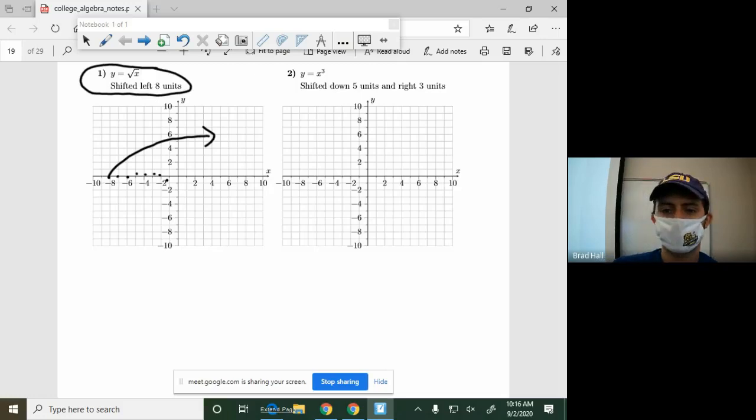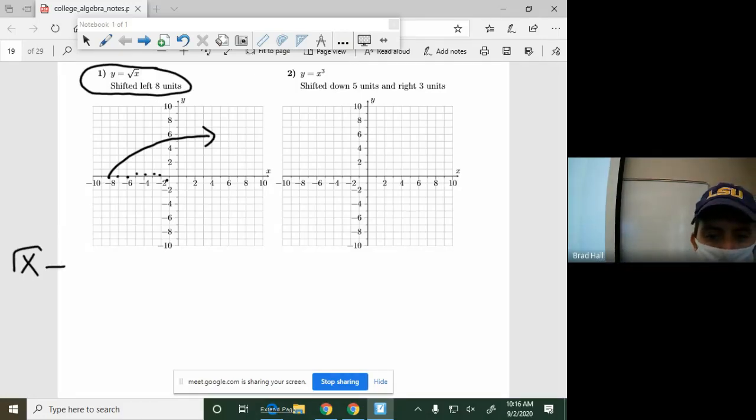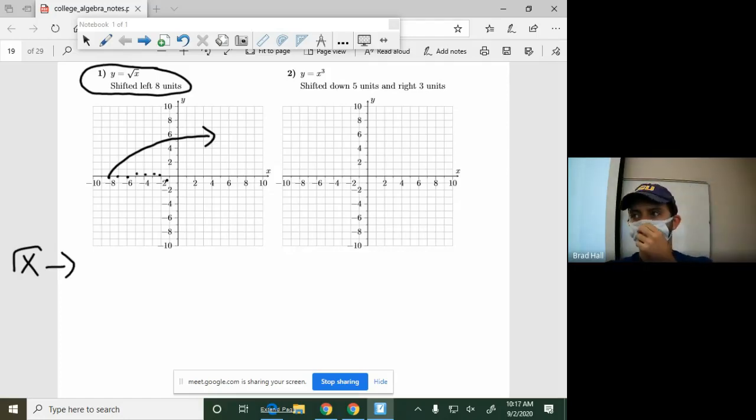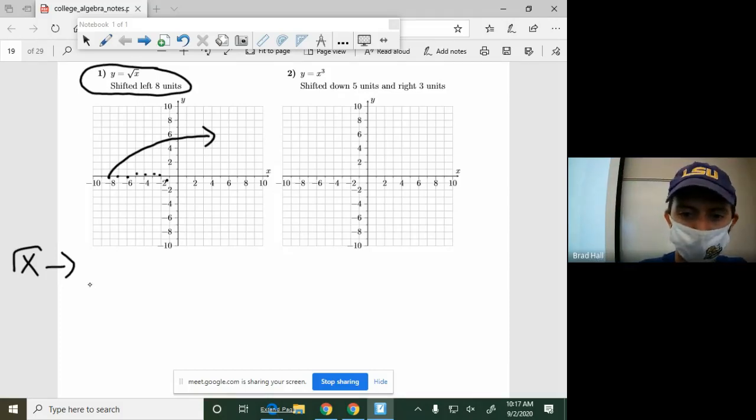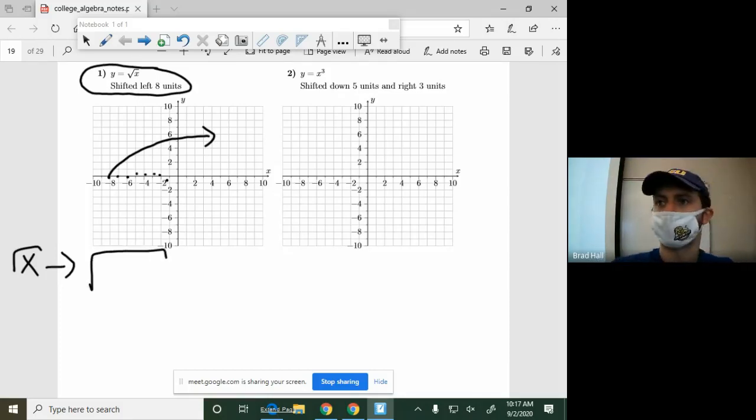But what about the algebraic? How do we take the square root of x and represent that as a shift left of 8 units? So that's when we think about, all right, left and right. What does that refer to? Do we add the function directly or do we add the x variable directly? Left and right, we have to add to the x variable directly, which means whatever number we add or subtract will have to be in the square root.